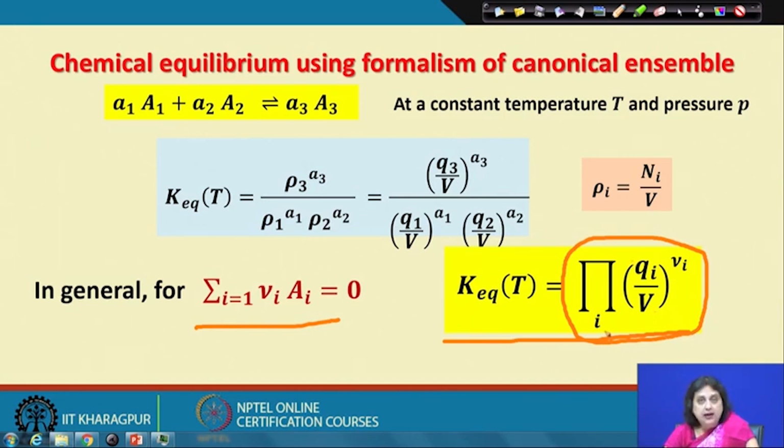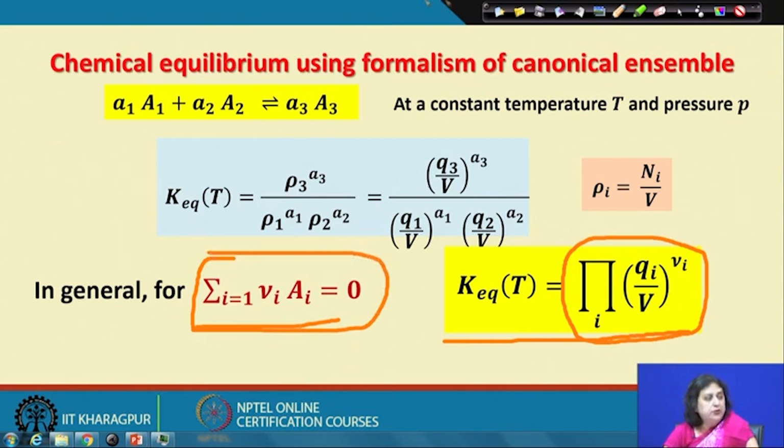Here i runs over all the reactants and the products present in the equilibrated reaction mixture, and small qi is the single particle partition function for the ith component, and nu i is the associated stoichiometric coefficient as given by this balanced chemical equation.